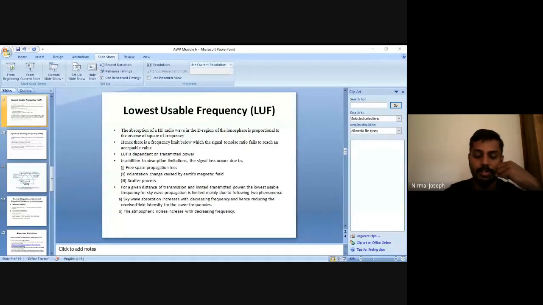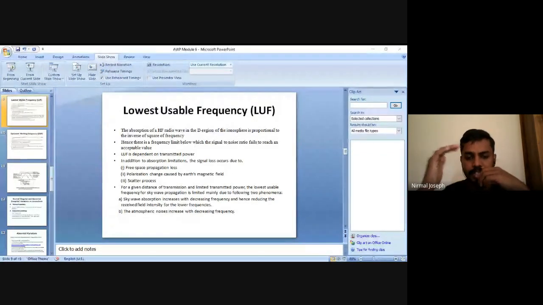So how can we calculate the lowest usable frequency practically? Just start sending a signal at a lower frequency, from a transmitter to receiver through the atmosphere, and measure the signal to noise ratio at the receiving end. Just monitor whether the signal to noise ratio is under acceptable levels or not.